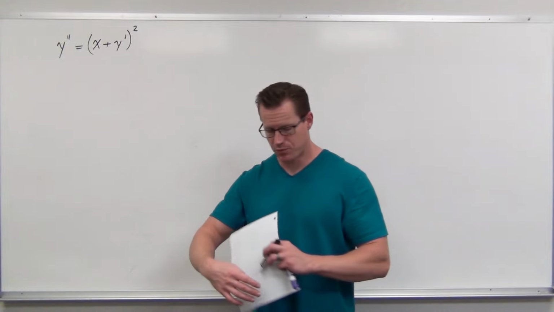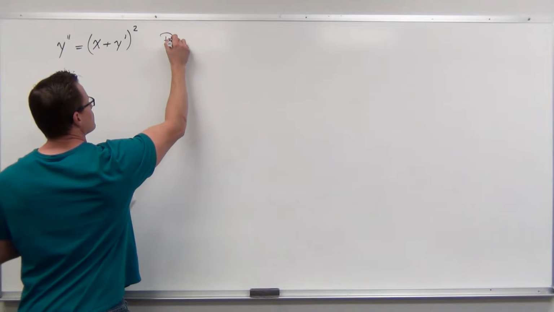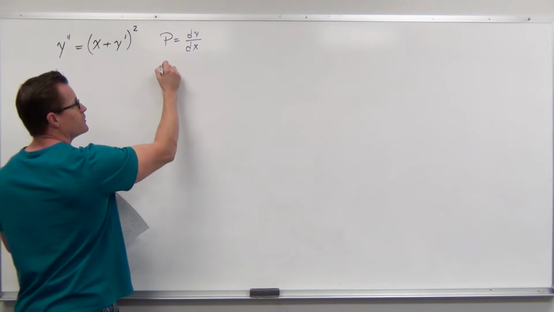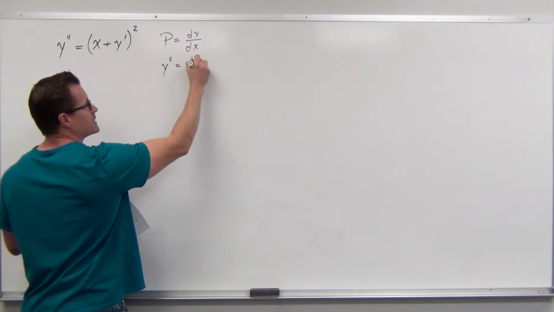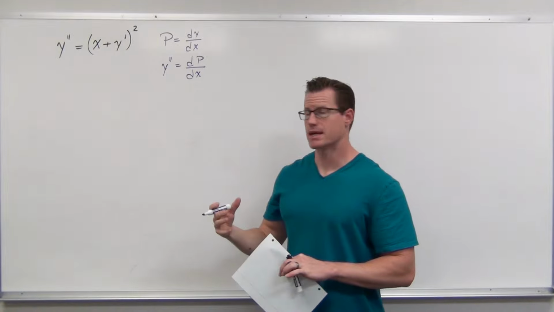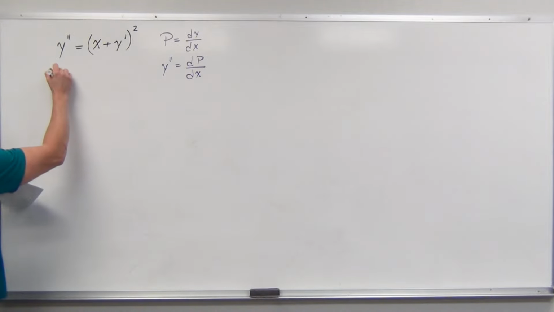Let's call the first derivative p. That way, the second derivative is dp dx. No problem. Let's go ahead and replace that. So the second derivative is going to be dp dx.